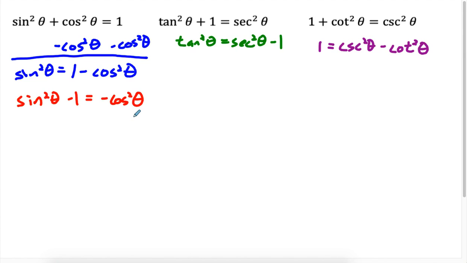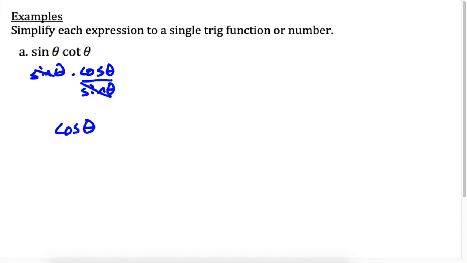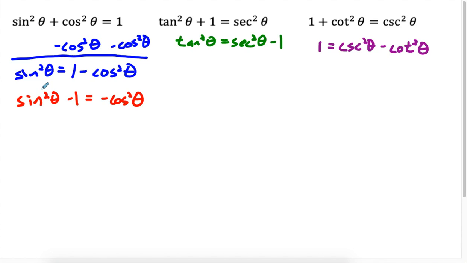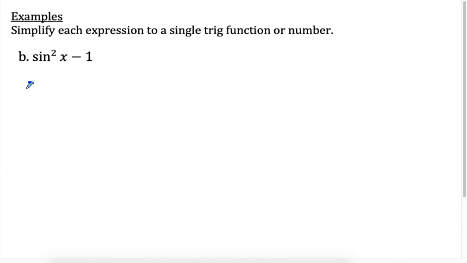So whenever we see a trig function squared, think about a Pythagorean identity and see if there's any way to manipulate that Pythagorean identity with the problem at hand. So here, we actually don't even need to do anything other than say we manipulated the Pythagorean identity, and this is just equal to negative cosine squared. In this case, our variable is x.